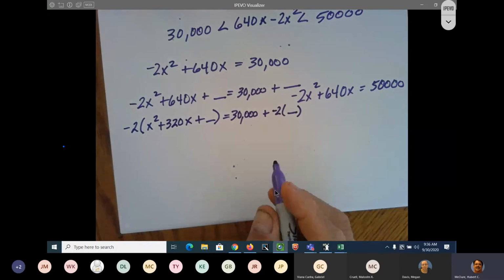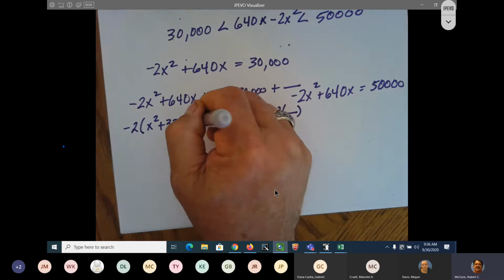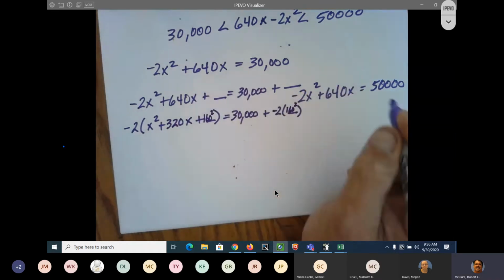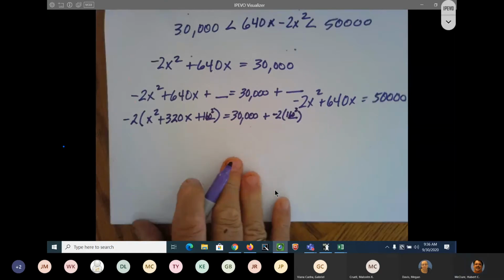Half of 320 is what? 160, right? And 160 squared is going to go right here, and 160 squared is going to go right there. Somebody tell me what 160 squared is.